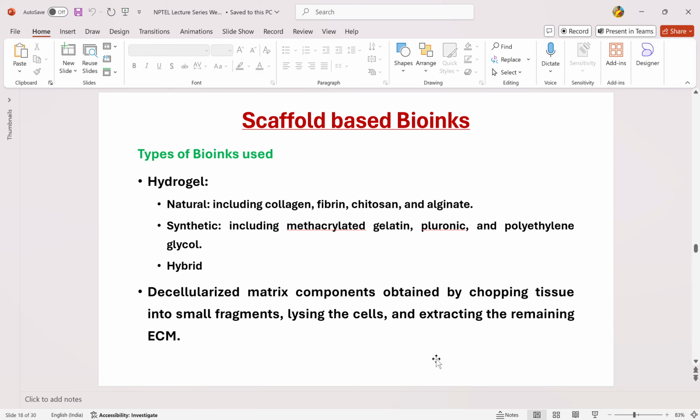You can decellularize matrix components, and by chopping tissue into small fragments, you can lyse the cells and extract the remaining ECM, and basically use them as a scaffold in your bioink. So these are the scaffold forming elements of your scaffold based bioinks.